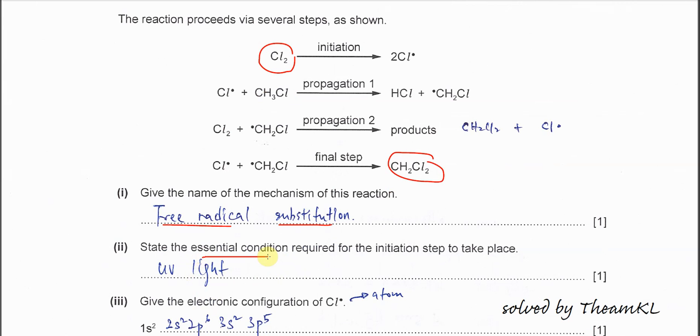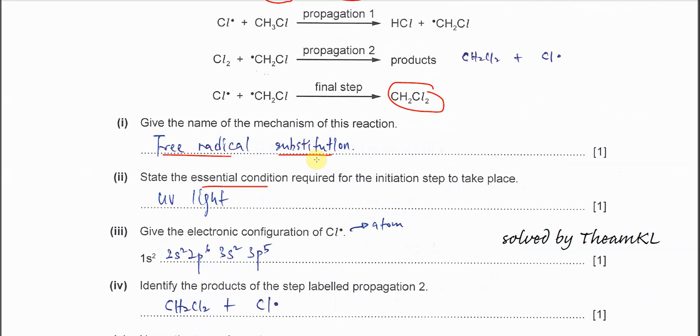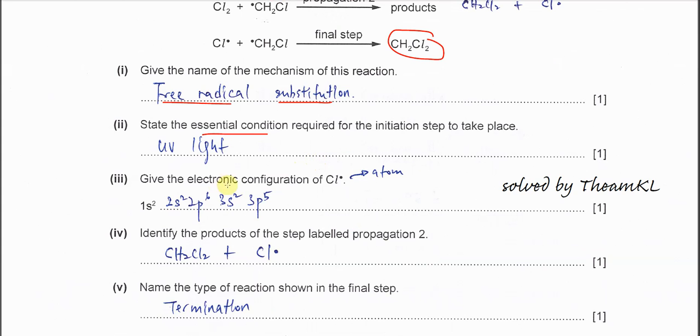State the essential condition for the initiation step. UV light is needed to break the covalent bond between the chlorine atoms to form these chlorine radicals. Give the electronic configuration for this chlorine radical. A chlorine radical actually refers to the atom itself, so it's just a chlorine atom.